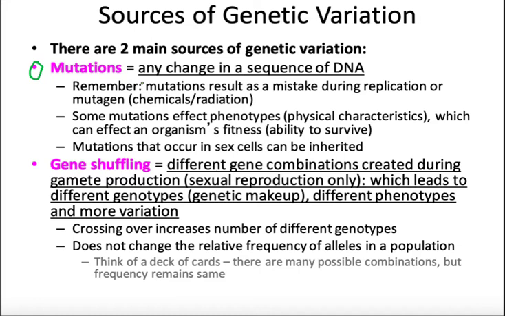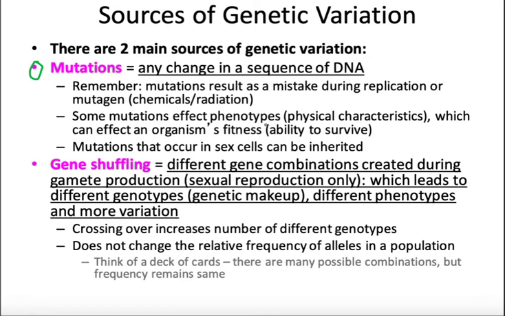There could be carcinogens and mutagens, which would be environmental factors that cause mutations. It could be mistakes during replication. It could be mistakes during translation or transcription. But a mutation is some change in the DNA sequence that could potentially cause a change in the trait. And that's exactly what happened in the mice, right? There was a mutation in the color gene, which caused black mice to appear.